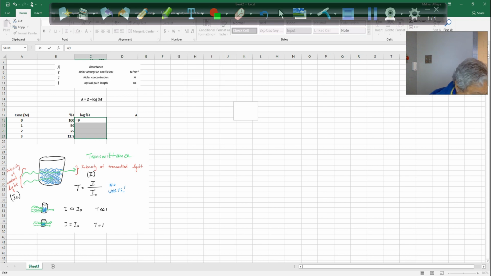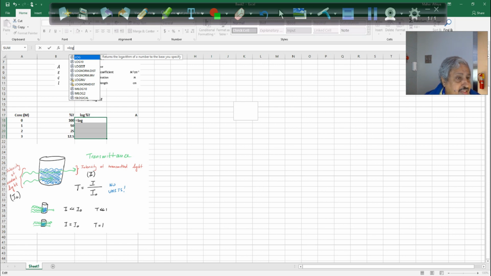Or you can just type L-O-G, which will come after log there, the function. Just put log here as a function. Log, okay. So I need the log of this column here.